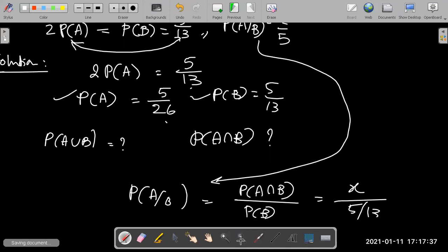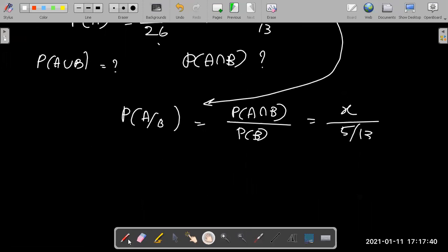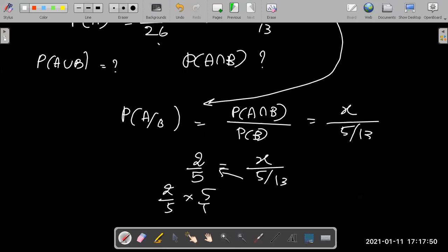Probability of A given B is 2 by 5. So we write 2 by 5 equals X divided by 5 by 13. Do the cross multiplication: 2 by 5 into 5 by 13 equals X. So X equals 2 by 13. What is this X? Probability of A intersection B.